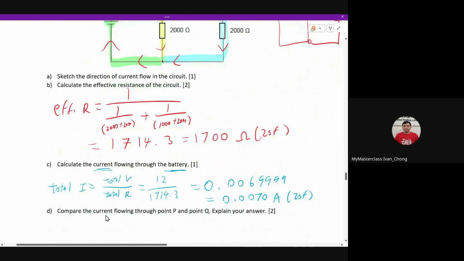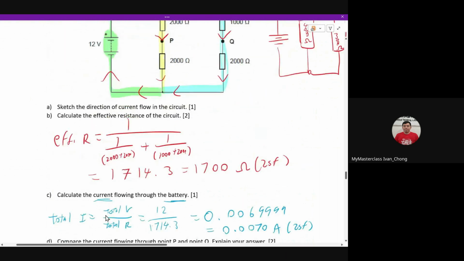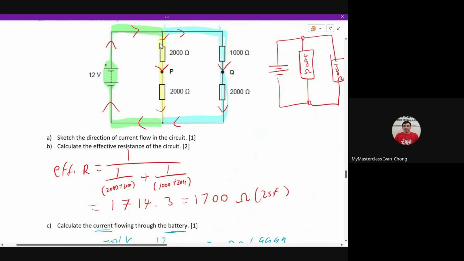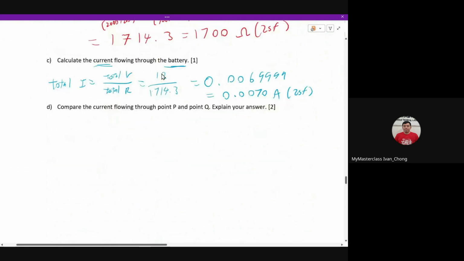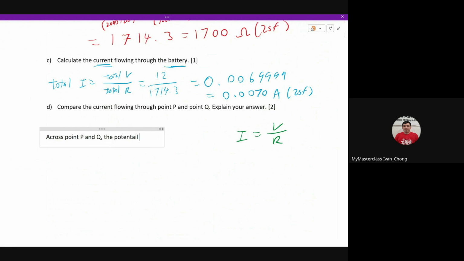Next, what's the current flowing through P? Compare the current flowing through P and the current flowing through Q. Explain your answer. So you basically want to compare the yellow current versus the blue current. If you don't want to do calculation, you just need to remember what is I. I is V over R. So you can see across point P and Q, the potential difference of both branches is the same.